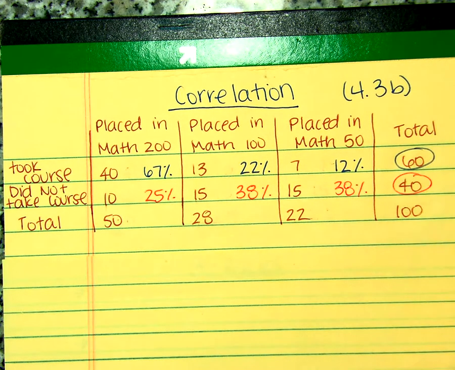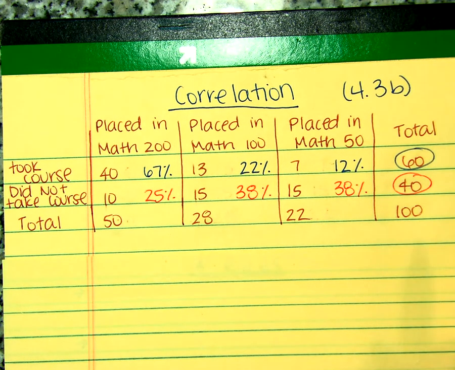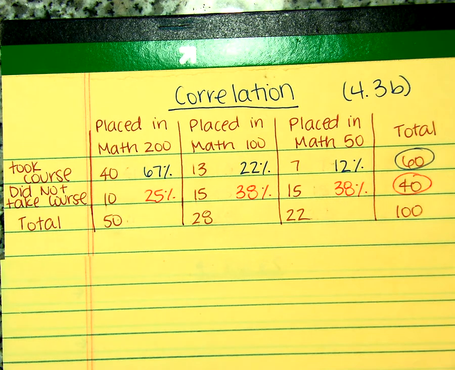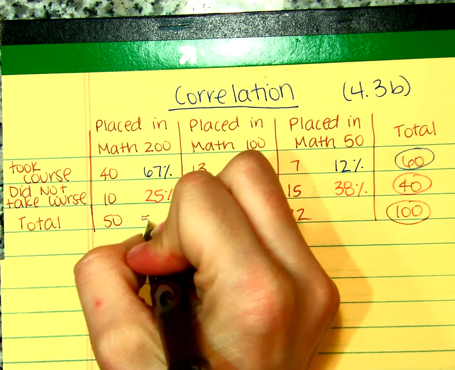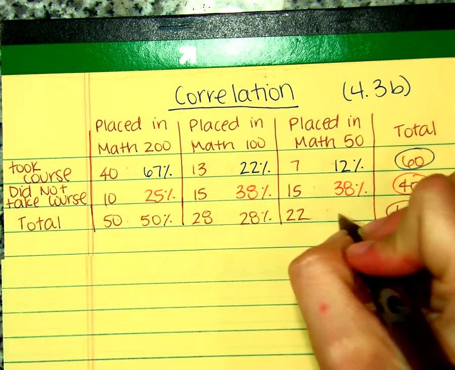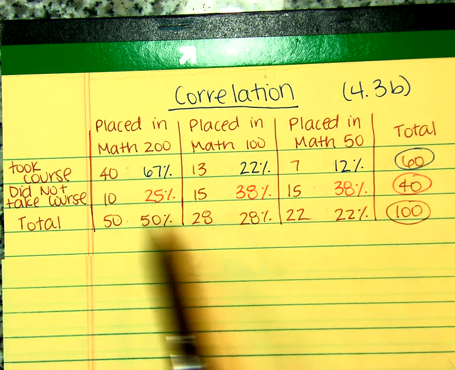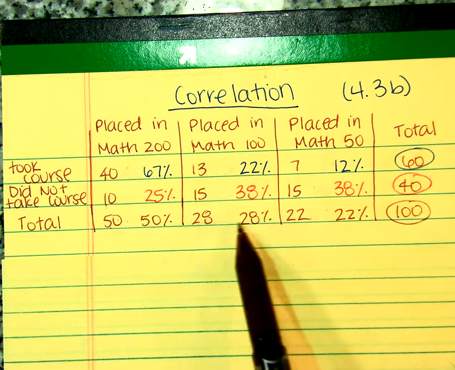Now, like I said, I'm rounding, so this should add up to right around 100, but because I'm rounding, it might be off by a little bit. And then if we divide this column by the total, we get 50%, 28%, and 22%. Okay? These are easy because they're divided by 100, so it's just the frequency is now written as a percent.